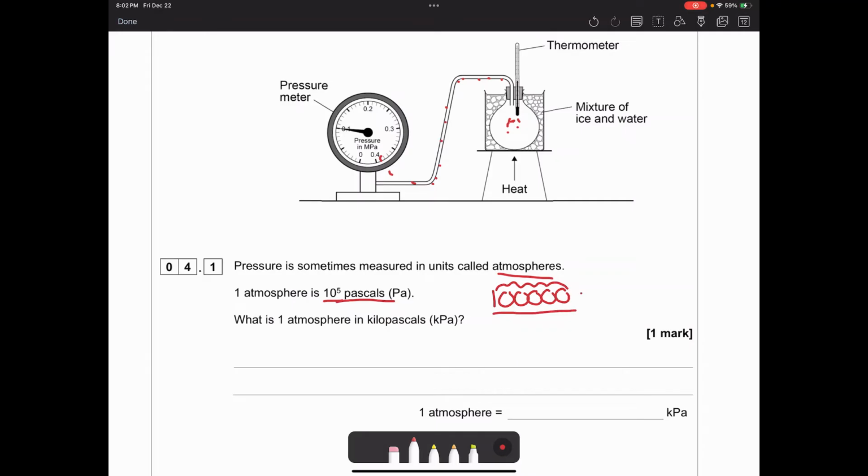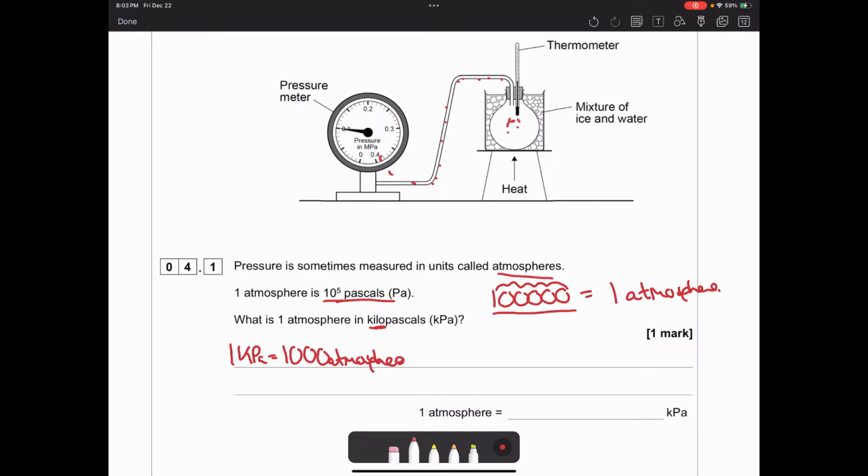So 1 atmosphere is 100,000 pascals. Now, we want the atmosphere in kilopascals. Kilo means 1,000. So 1 kilopascal, kPa, would equal to 1,000 atmospheres.